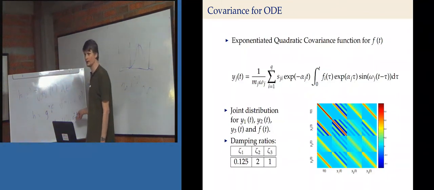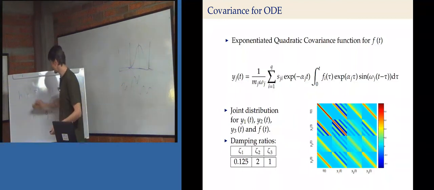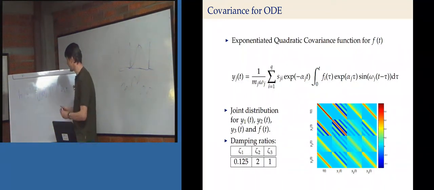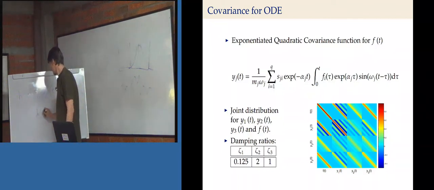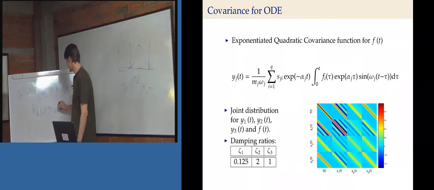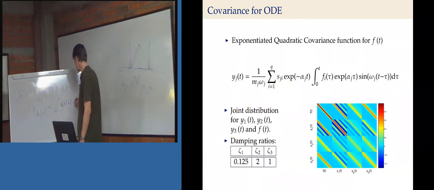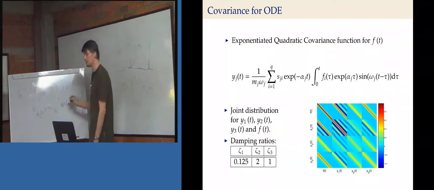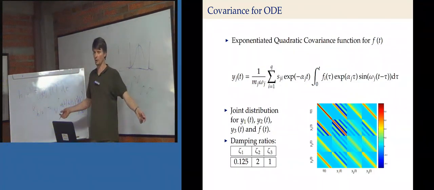This is just two inner products, isn't it? So it turns out, obviously I'm not proving this, but I'm just trying to give you intuition for why this works. The covariance for H, K_H I'll call that, is equal to the integral of g of t, k of t comma t prime, g of t prime, dt dt prime. This is just the integral equivalent of that matrix inner product.